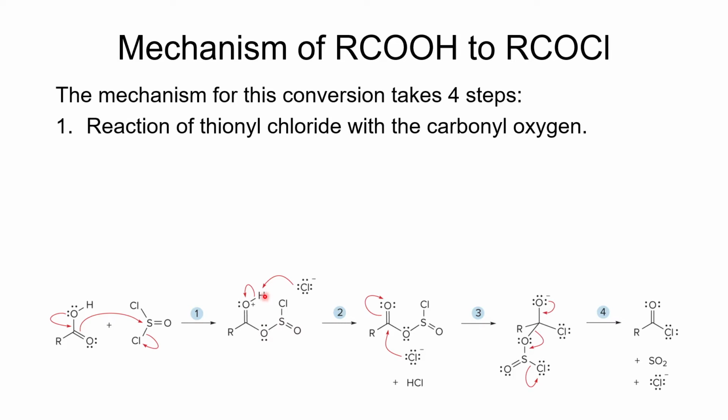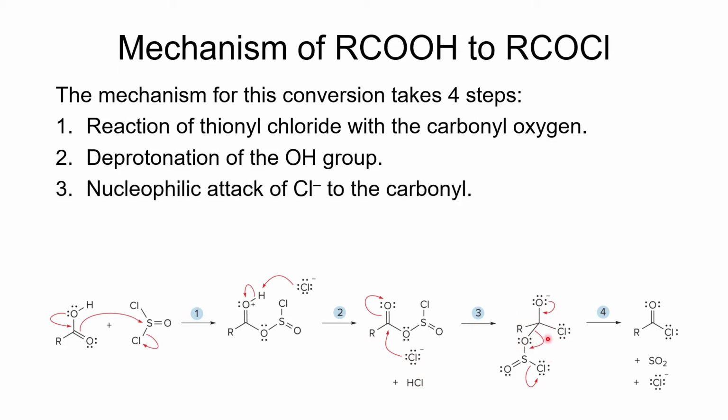The chloride will come along and deprotonate that H+, that's our second step. After it deprotonates, chloride can come in and make our tetrahedral intermediate that we have seen approximately 102 times now. It will make the tetrahedral intermediate, and we will simultaneously lose that leaving group, which gives us sulfur dioxide and chloride.